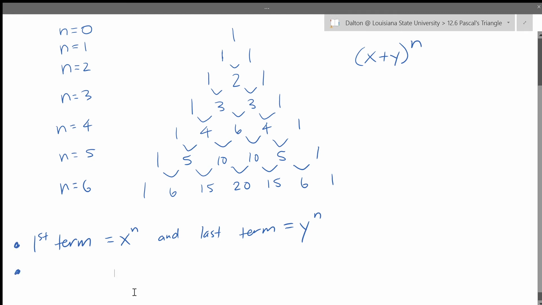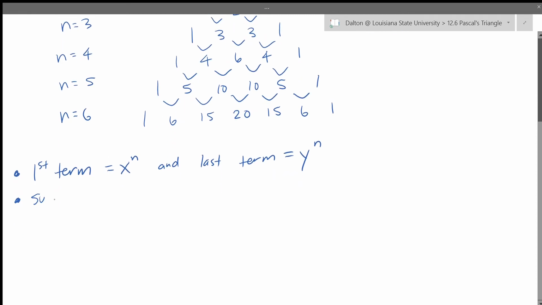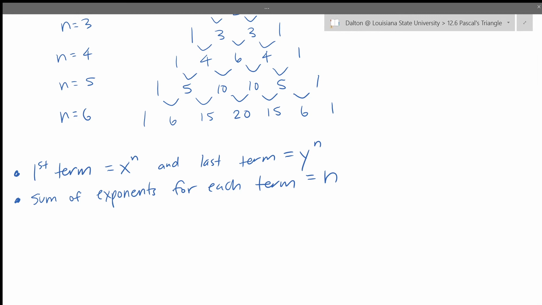Okay, next big takeaway is that the sum of the exponents for each term equals n. The sum of the exponents for each term equals n.